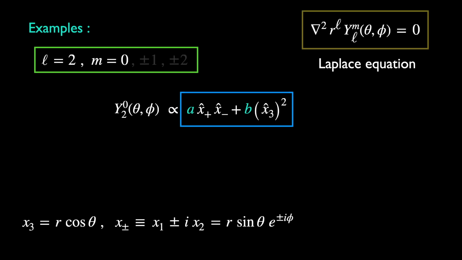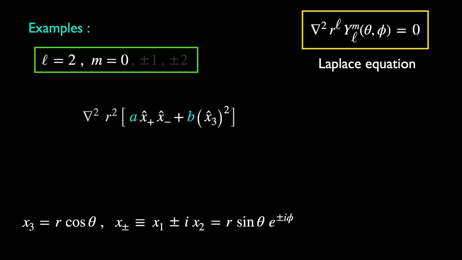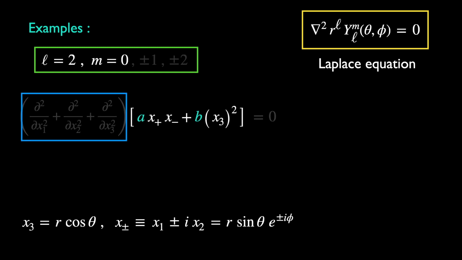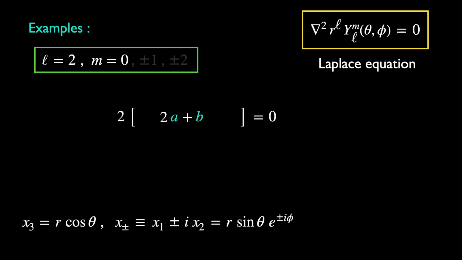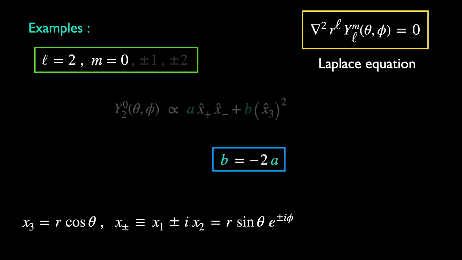Applying the Laplace equation. By absorbing the r square, we lose the hats. The product of x plus and x minus is just. This simple second derivative just gives. So we have b in terms of a.